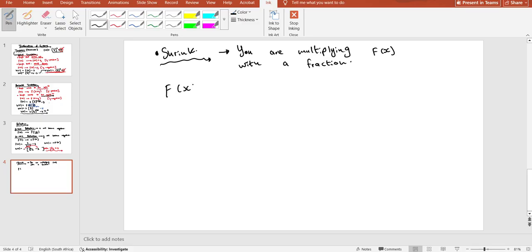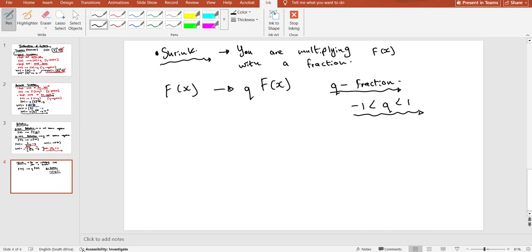So it will look something like this, where you have f of x, and now f of x is being times by a fraction. Instead of writing an actual fraction there, I'll put a q there, where f of x is being times by a q, and this q is a fraction, but to be specific, it's a fraction that is less than 1 but greater than negative 1.